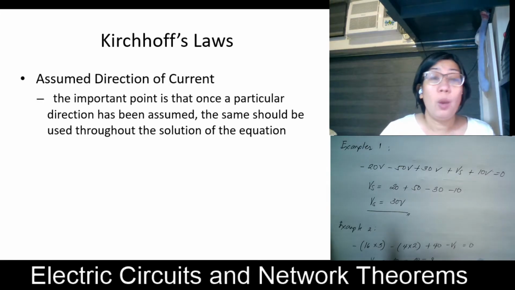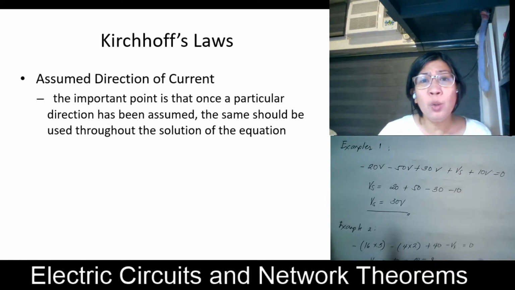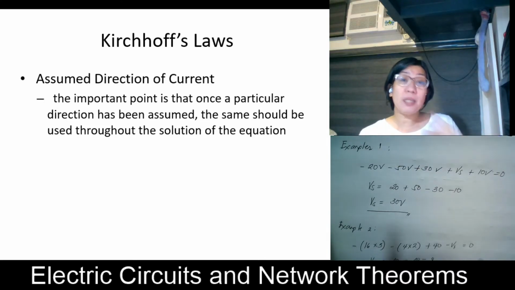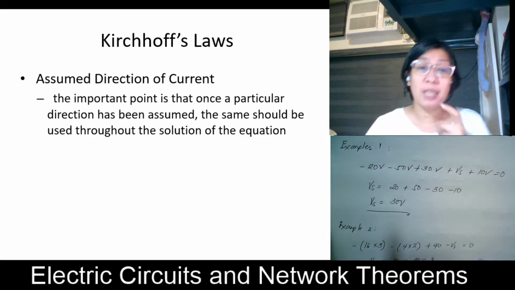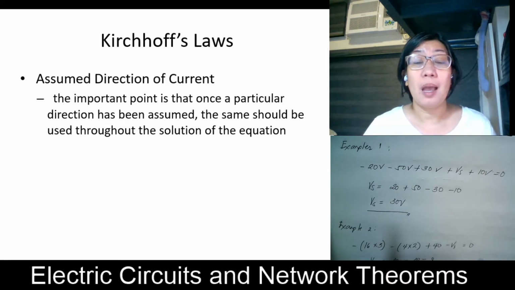So we can have that in EMFs when you use capacitors and inductors. This is also very important when we're trying to solve simultaneous equations. If your answer is positive, then your assumed direction is the actual direction. So don't be afraid to make an assumption.